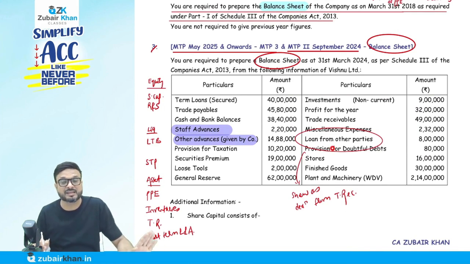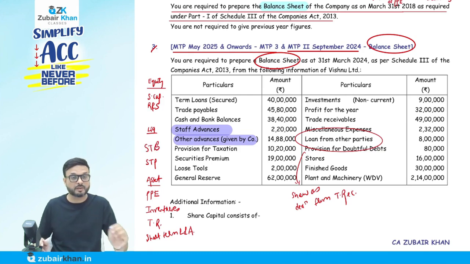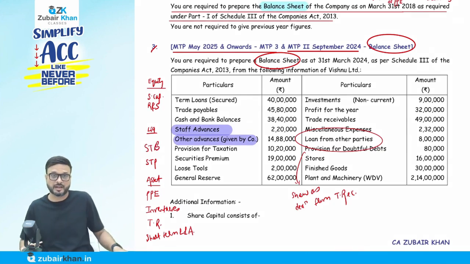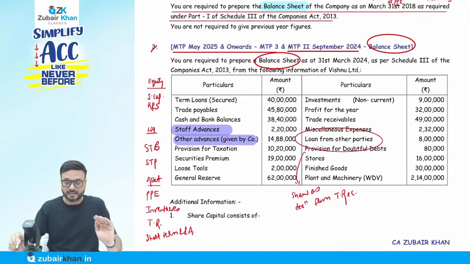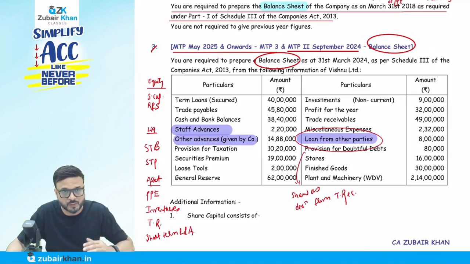If we consider it long term, we write it down as such, or if we consider short term, then instead of long term we will prepare a note to accounts on short term borrowing. We will assume that this loan from other parties is a short term borrowing and write it down there.